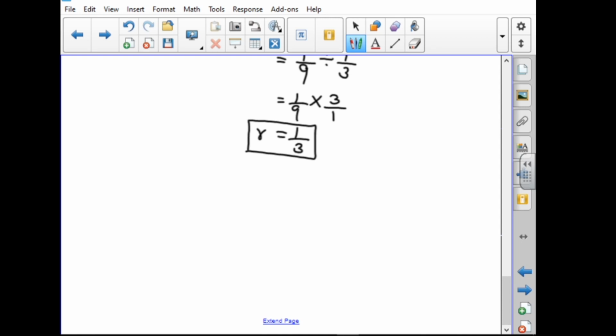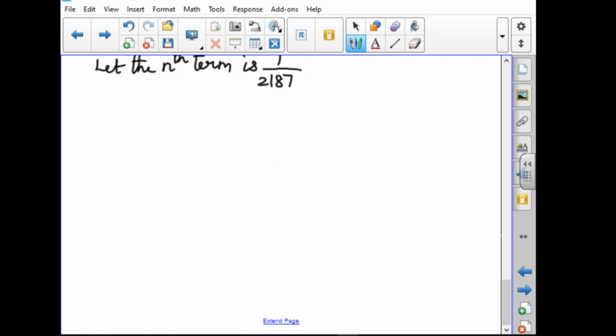We have to find the number of terms. Let the nth term be 1 by 2187. That is, Tn equal to 1 by 2187.